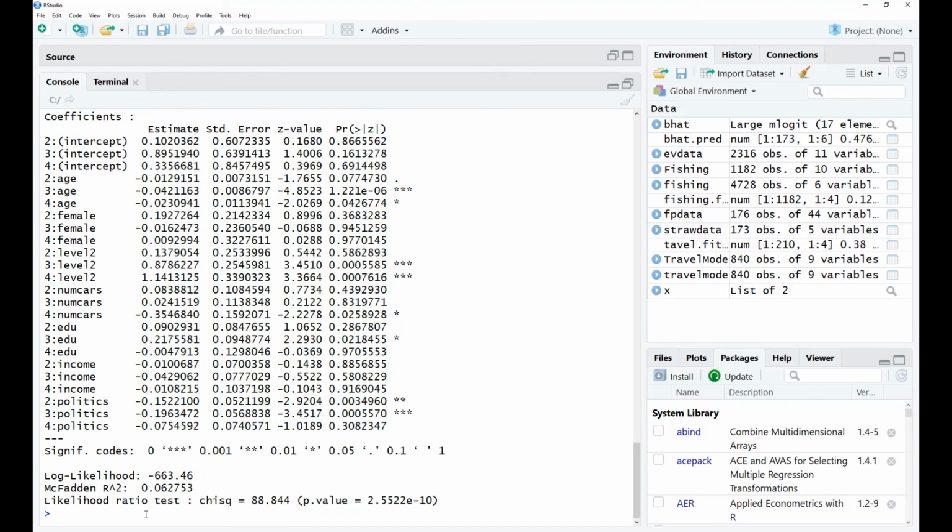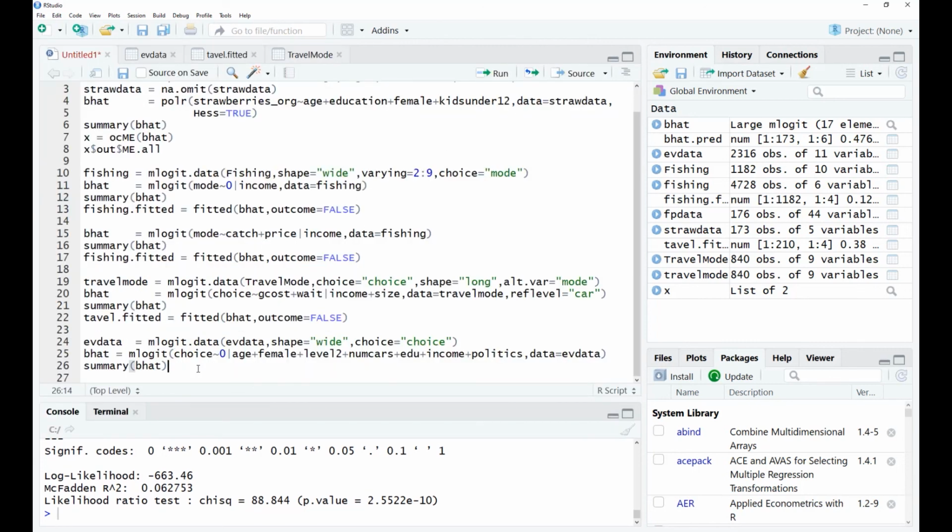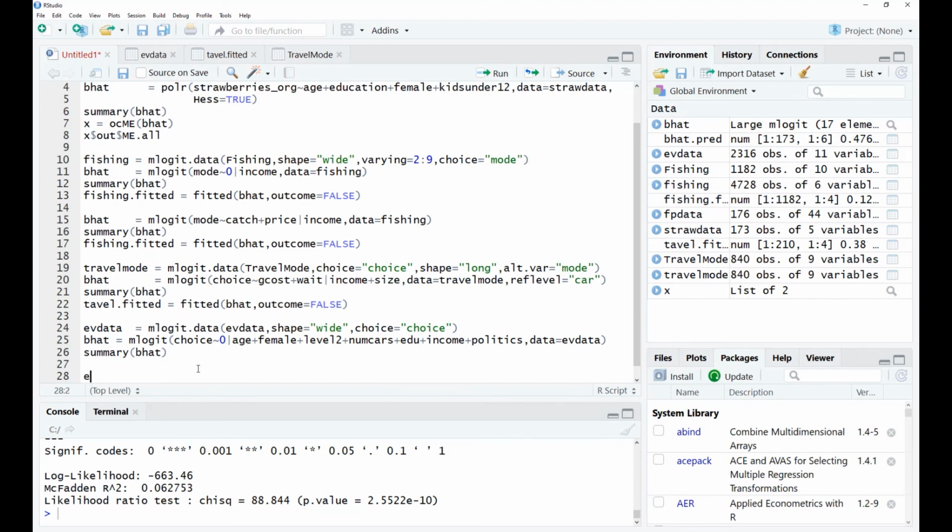Now here again, we can calculate the fitted values by typing in, say, EV fitted equals fitted(B hat, outcome = FALSE).